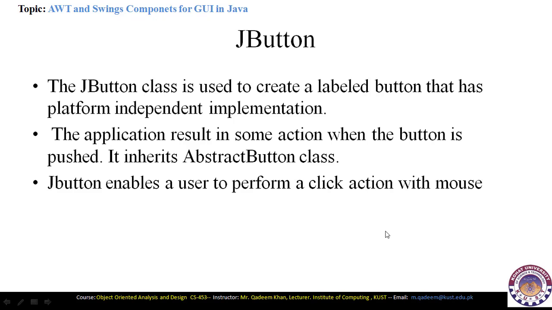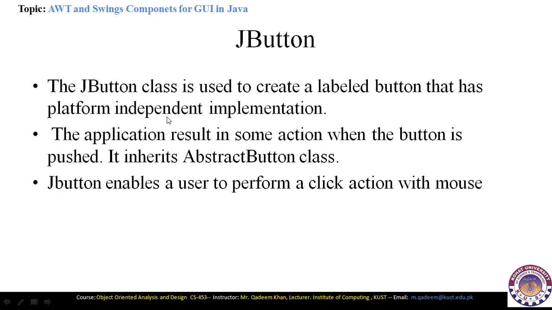The next important control, which is very much used in many GUI Windows applications, is called the JButton control. JButton controls create the click event. Now a JButton control has a label. That means on every button we have a label, and it is also a platform independent implementation.